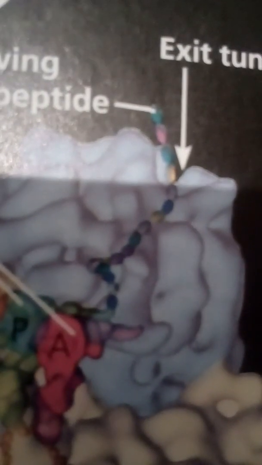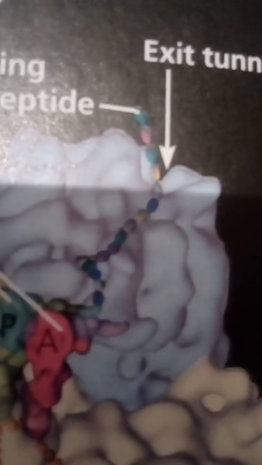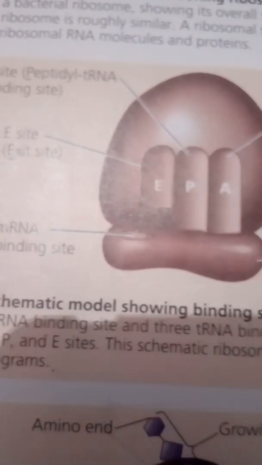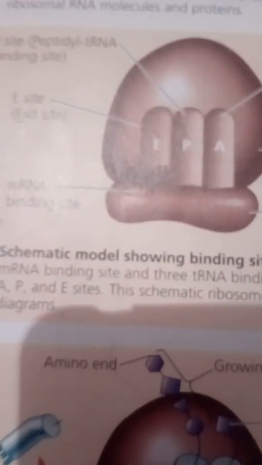The proteins, which are largely on the exterior, support the conformational changes of the RNA molecules as they carry out catalysis during translation. RNA is the main constituent of the interface between the two subunits and the A and P sites, and it is the catalyst of peptide bond formation. Thus, a ribosome can be regarded as one colossal ribozyme.